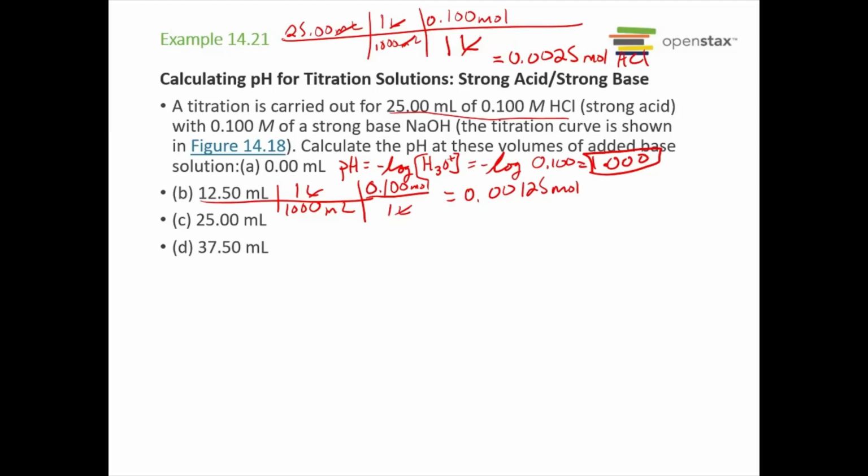So now the concentration of our HCl is going to be equal to 0.0025 moles minus 0.00125, because since all that OH minus is used up, the moles of OH minus is equal to the moles of H3O plus consumed.